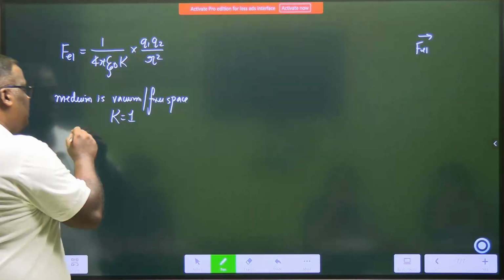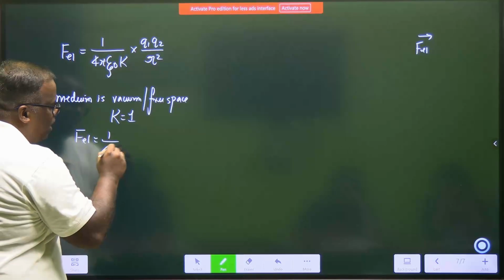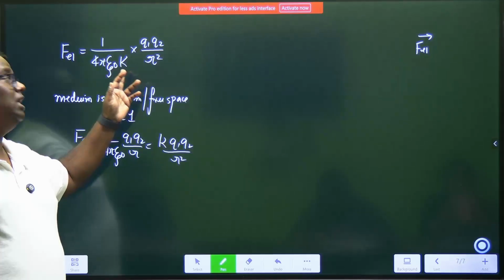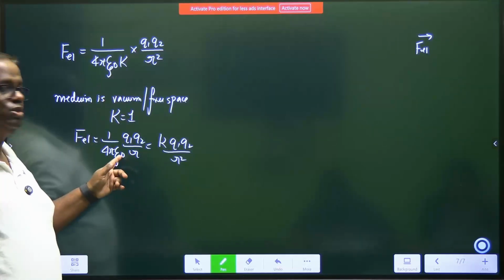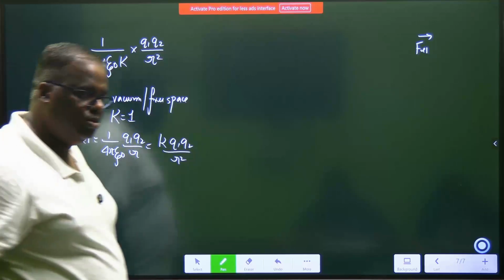So you take the expression as F electric equal to 1 upon 4 pi epsilon naught Q1 Q2 by R square, which you happily have been using. But if it was some dielectric like mica or ceramic, and they tell you that the K of ceramic is so much, then you don't have the freedom to go this way. You will go only this way. Is this understood?